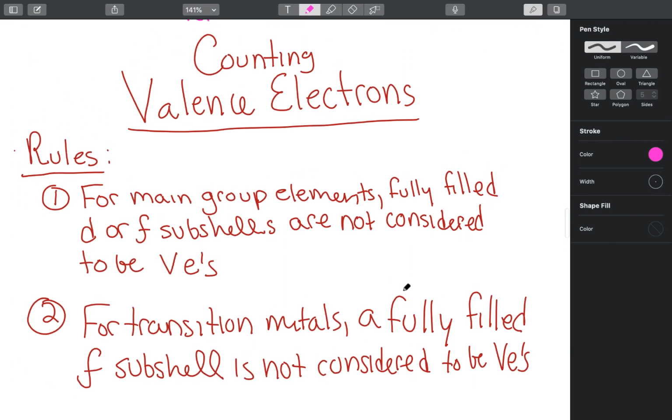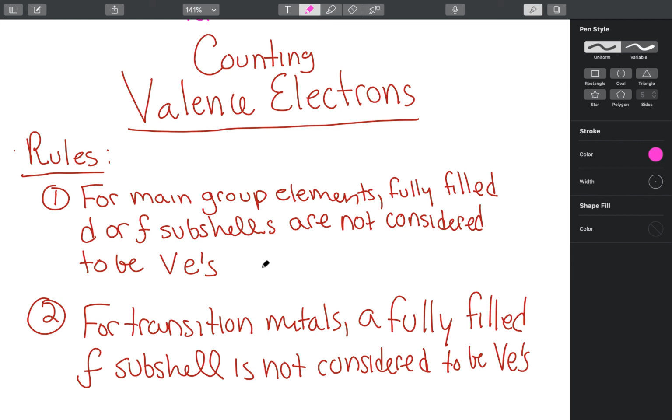One of the last things that we're going to be talking about is counting valence electrons. So there's two general rules that you should worry about. And these two general rules are that for main group elements, fully filled D or F subshells are not considered to be valence electrons.